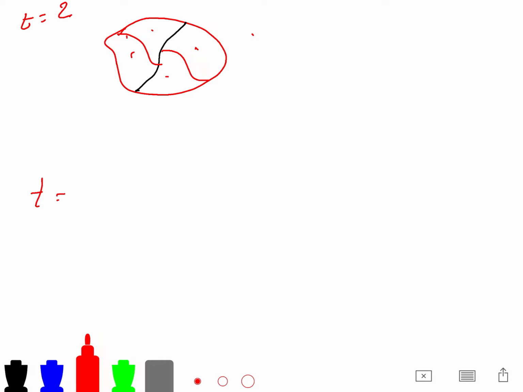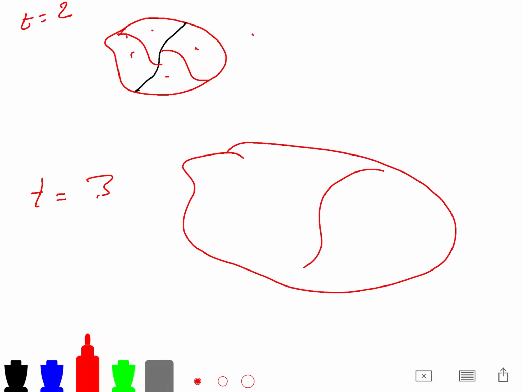For t equal to 3, we make an induced graph by more balls, so it becomes much smaller, you know? It's like fractal. It goes to 0. So the scale goes from very, very high scale to very, very low scale. It's like fractal geometry.